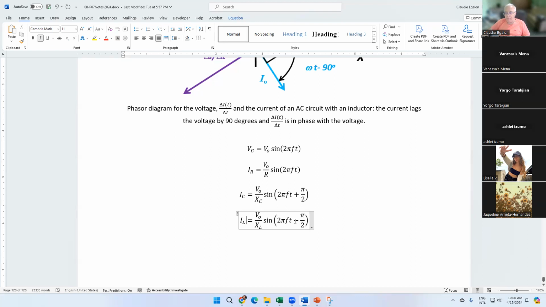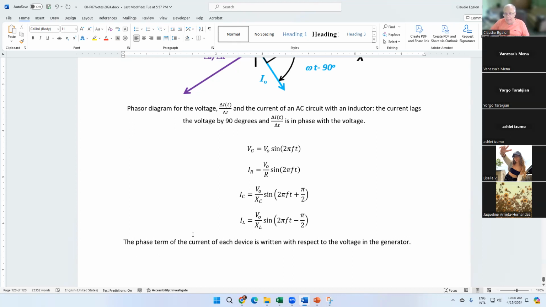The phase term of the current of each device is written with respect to the voltage in the generator.